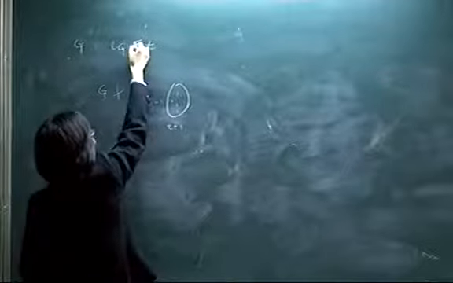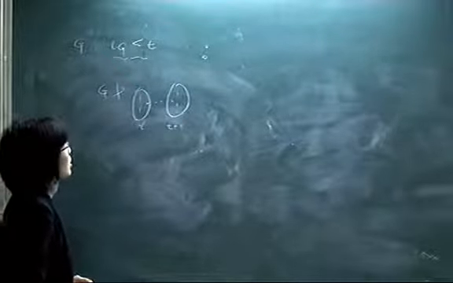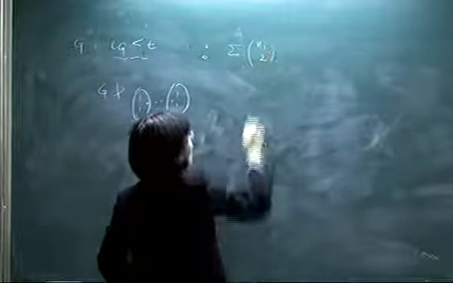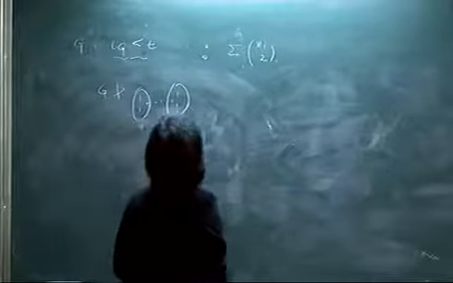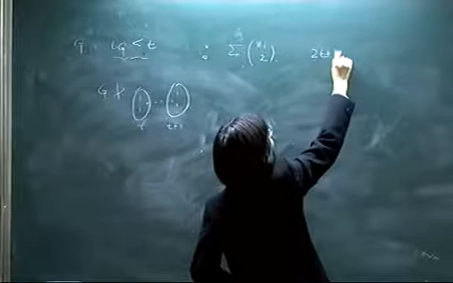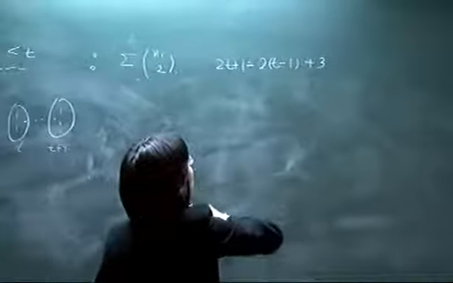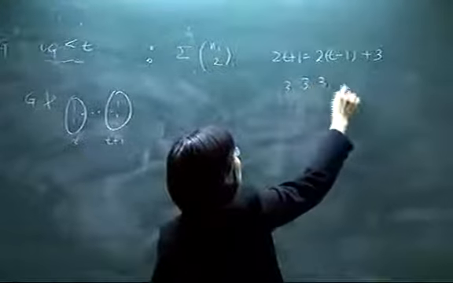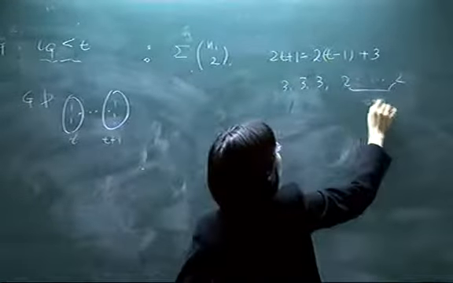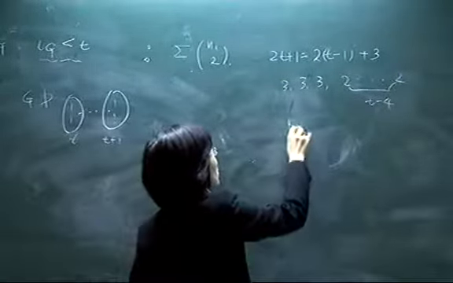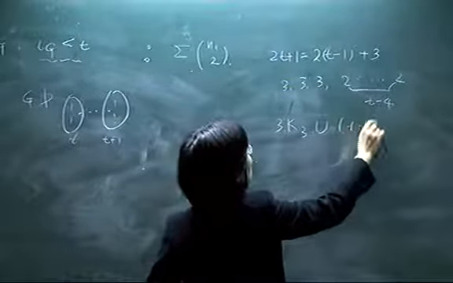So I considered just the first condition, then it turns out to be Turan's problem, and the answer is, I choose the n_i where they are as equal as possible. So we have 2t plus 1, and if we divide it into t minus 1 parts, we have 3 more. So then we have 3, 3, 3, and all 2's. Those are the n_i's. And the extremal graph is just 3K_3 and (t minus 4)K_2.